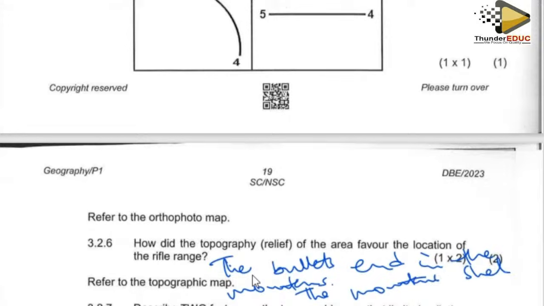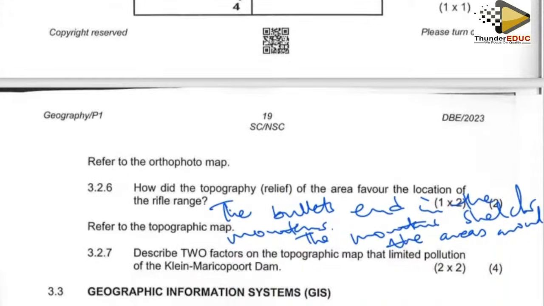You can say the mountain shields the areas around. The mountains shield the areas around. Okay. The mountain shields the area around. That is 3.26.